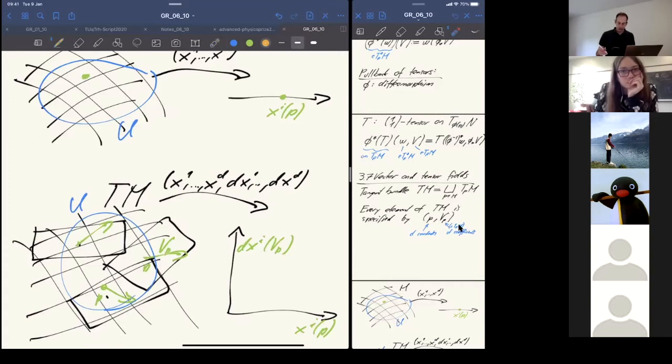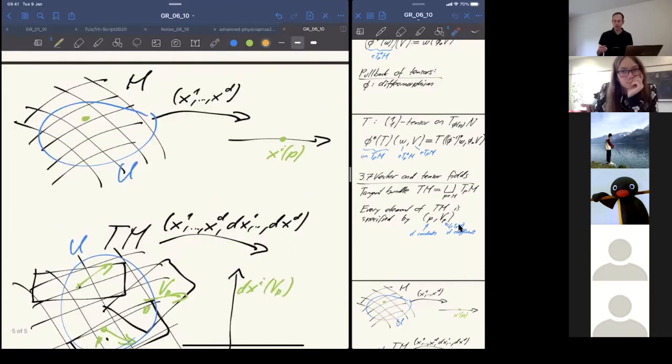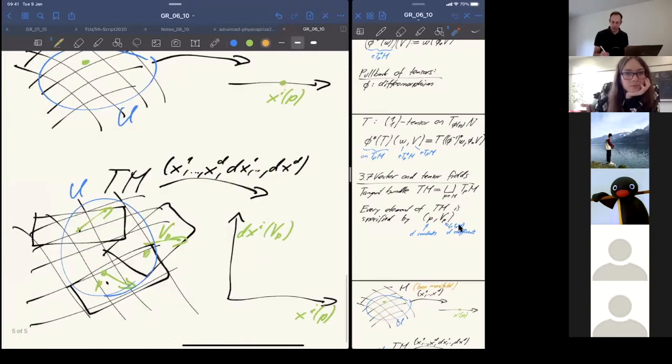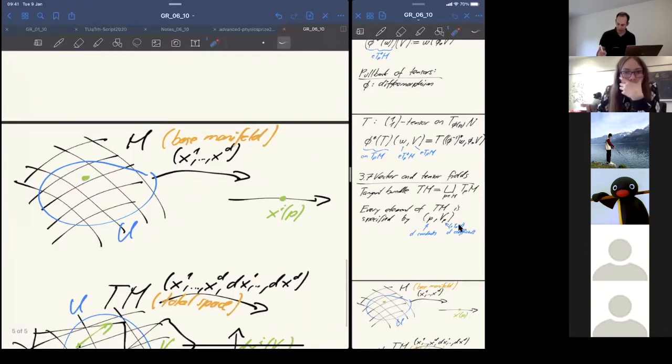One thing that is usually done in mathematics is that this is defined on a more general level. One usually starts from a manifold, and this manifold from which one starts is called the base manifold, or base space. And the new manifold, the one I constructed here, would usually be called the total space.